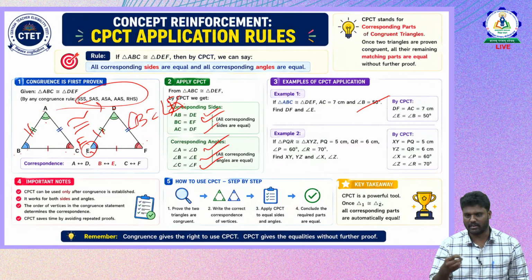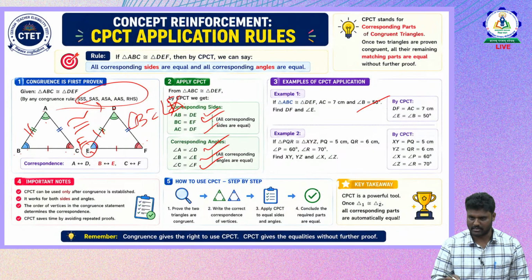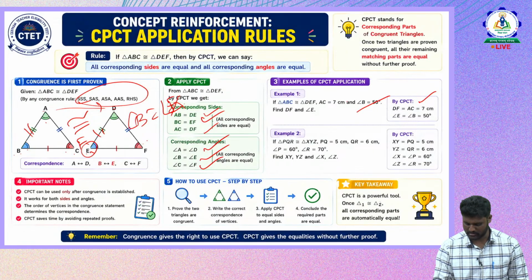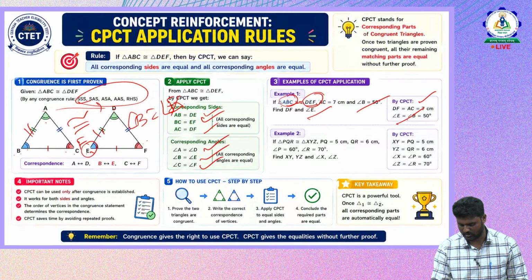Find DF and angle E. Based on the CPCT concept, corresponding parts of congruent triangles, DF is equal to AC, that is 7 centimeters, and angle E is equal to angle B, which is 50 degrees. By observing this, angle B is between the sides of AC, and here angle E is between the sides of DF.